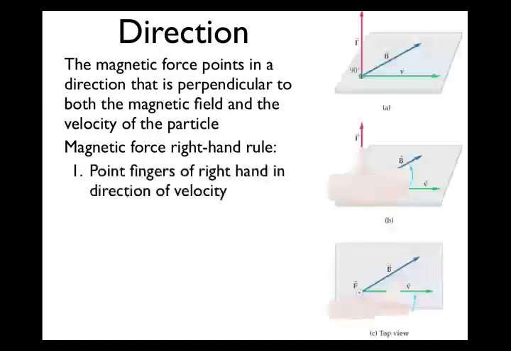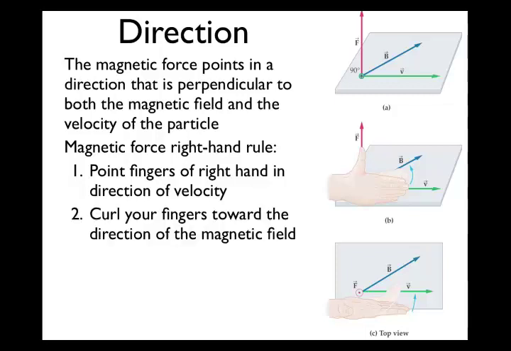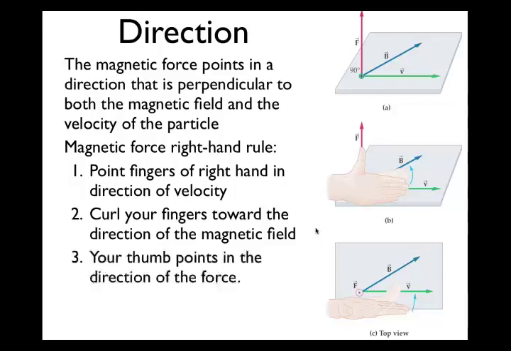So what you do is you point the fingers of your right hand in the direction of the velocity that the charged particle is moving in. You curl those fingers toward the direction of the magnetic field, and your thumb is then pointing in the direction of the force that's experienced.